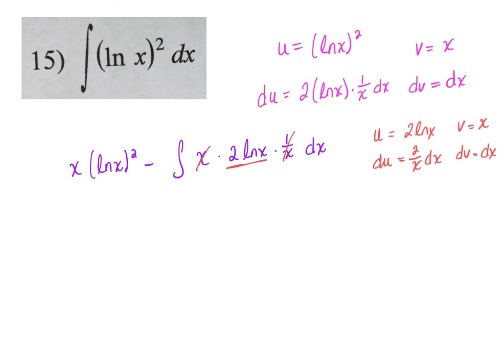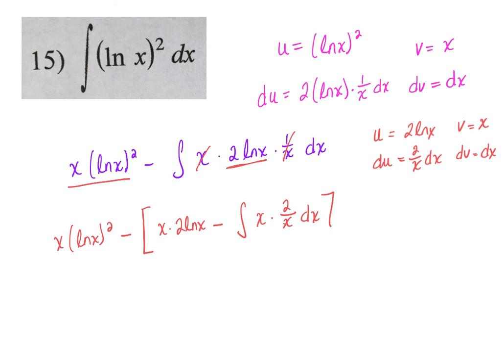And so when I put that back in here, I'm going to leave this part alone, x ln of x squared minus, and now I'm going to do integration by parts again, u times v, which is just the x times 2 ln of x, minus the integration of v, which is x, times du, 2 over x dx.